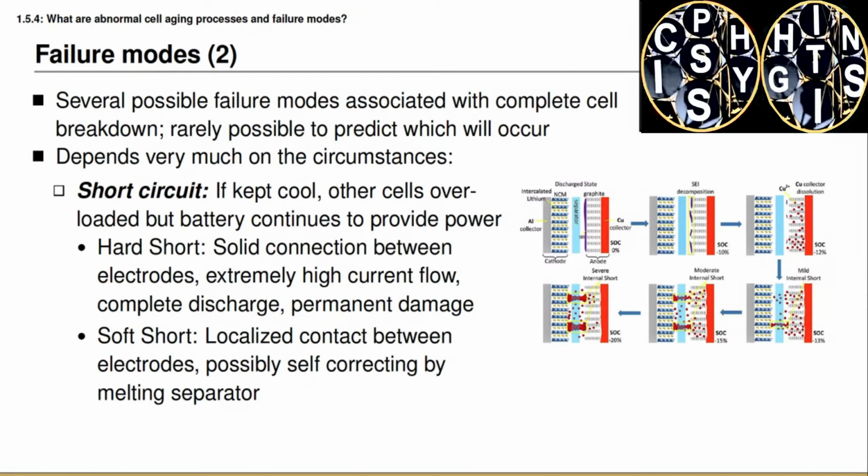But if this keeps on happening, we form thicker and thicker short circuit wiring, if you will, with these dendrites penetrating the separator that can lead to moderate and severe short circuits as well.